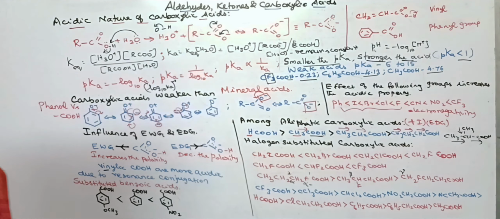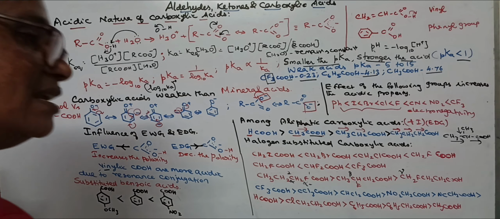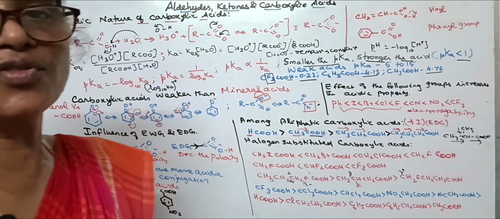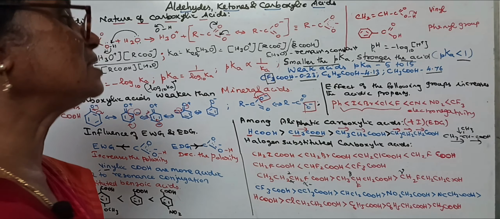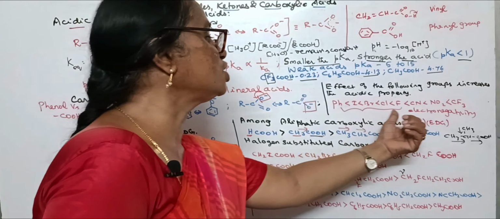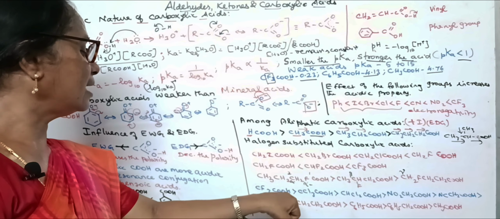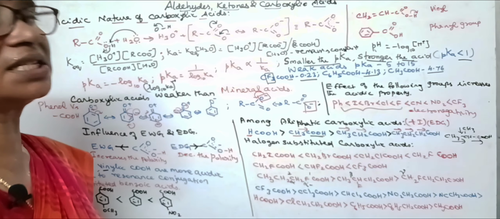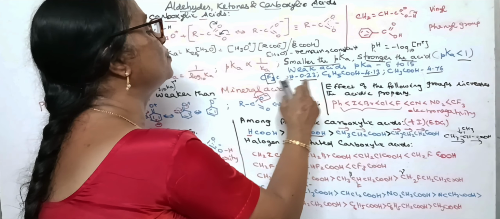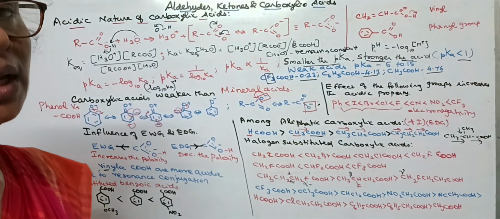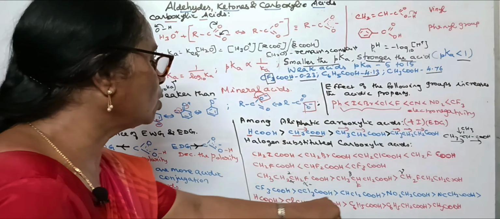The next thing, let us have a general view of how the strength of a carboxylic acid depends upon the substituent present. See here, trifluoroacetic acid is much stronger, whose pKa value is 0.23. And then trichloroacetic acid.